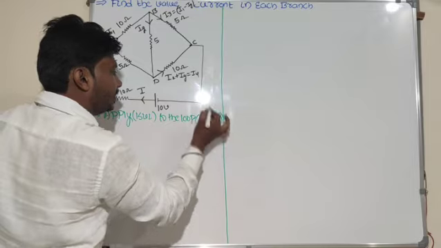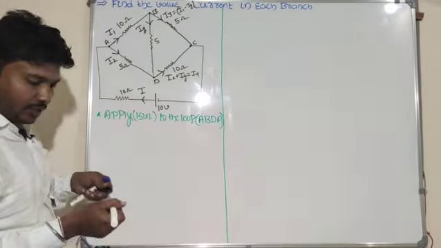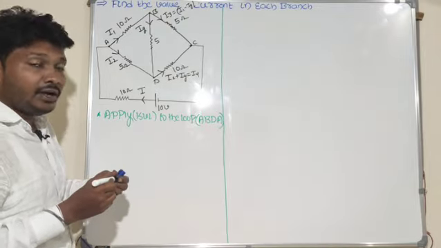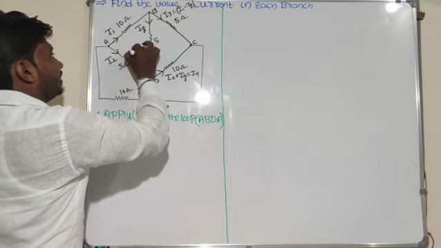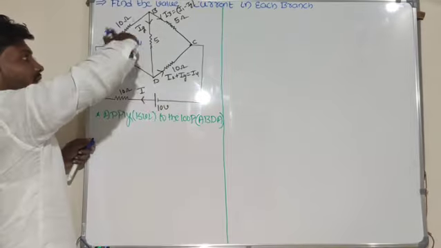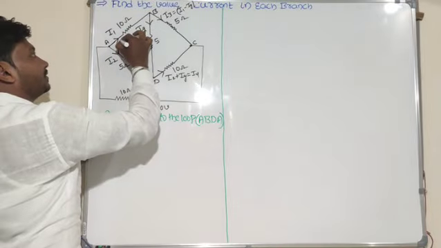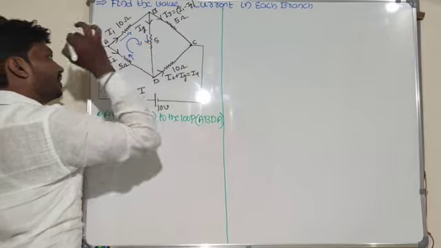ABDA. I will take the loop ABDA here. Now, in order to get this, first I will draw an imaginary line. In case of KVL law, first I will draw an imaginary line, or direction of traversal. For example, clockwise direction. So this is the direction of the imaginary line.